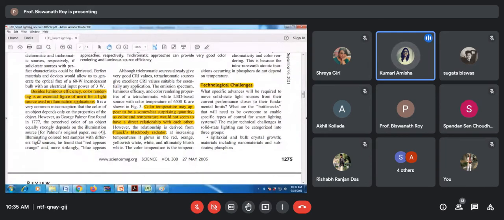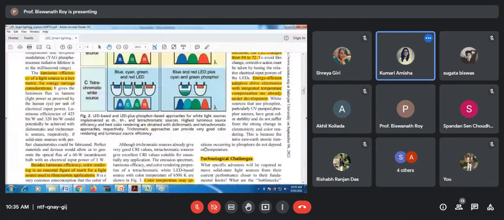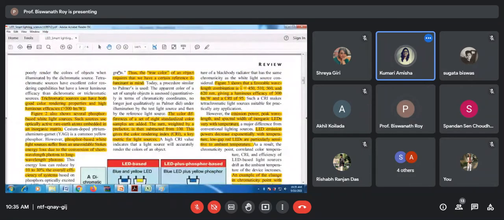However, as George Palmer first found in 1777, the perceived color of an object equally strongly depends on the illumination source. Illuminating color test samples with different light sources, he found that red appears orange and, most strikingly, blue appears green. Thus, the true color of an object requires that we have a certain reference illuminant in mind.